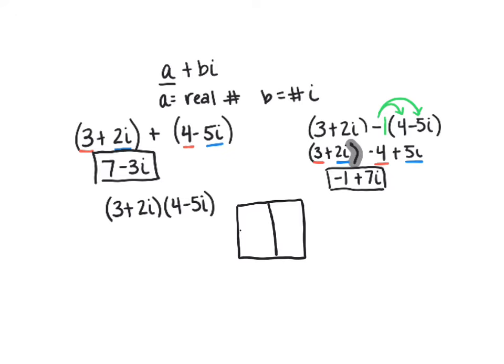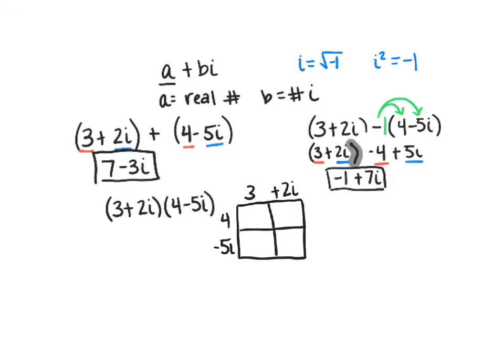And we're going to put 3 plus 2i and 4 minus 5i. Now before we do this, I'm going to put these reminders up here at the top that i is equal to the square root of negative 1, and i squared equals negative 1. So those are some important things to remember when we're doing this problem.